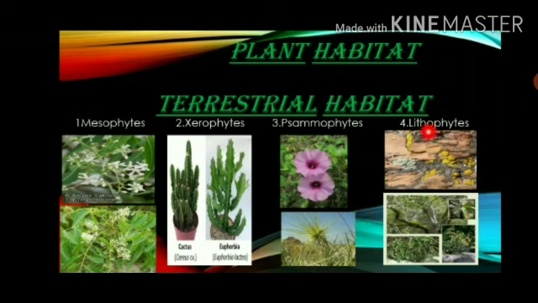The last category is called Lithophytes. Litho refers to rock, phytes refers to plants. The plant that can survive on the rocky surface, that is called Lithophytes. Here for example, some of the algae and some of the lichens come under the Lithophytes. What is lichen?